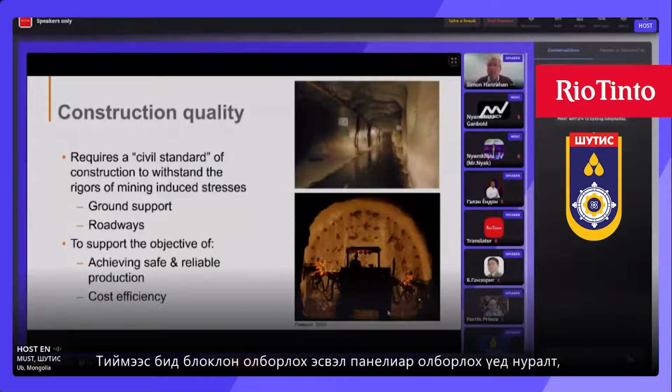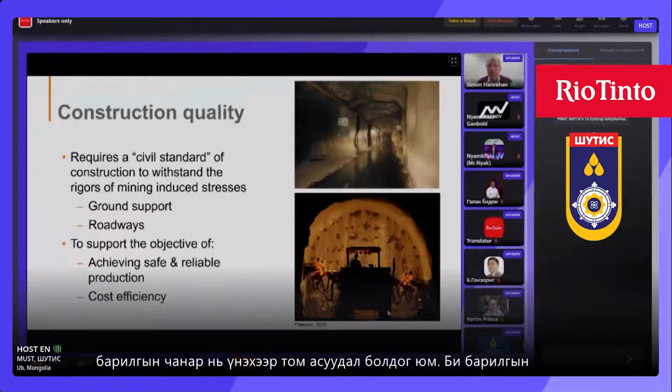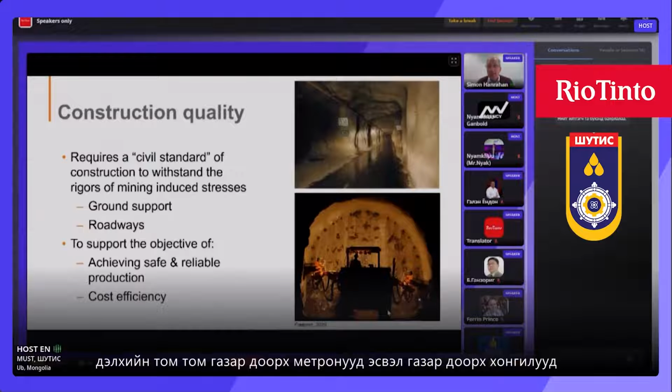So when we're building a block cave or a panel cave, construction quality is a really big issue. And when I talk about construction needing to be to a civil standard, the biggest thing you can think about is if you travel around the world and you go into an underground metro system, say, or underground tunnels, I think we'd all agree those are done to a very, very high standard.